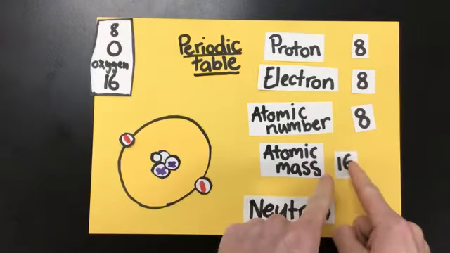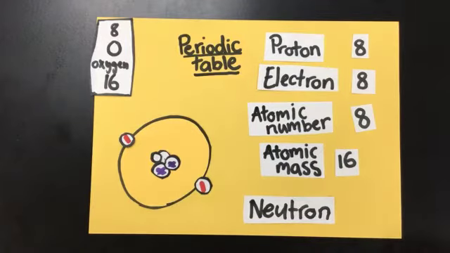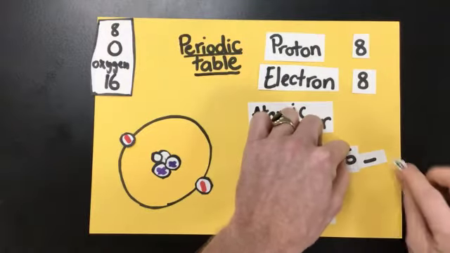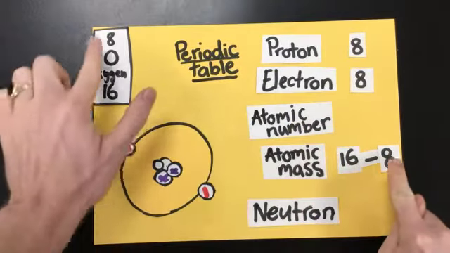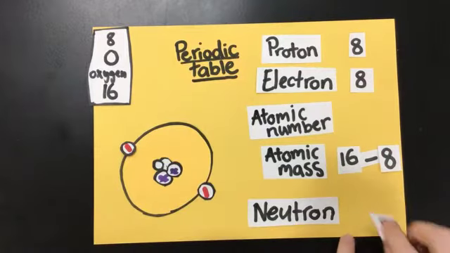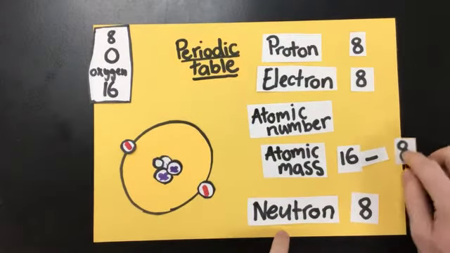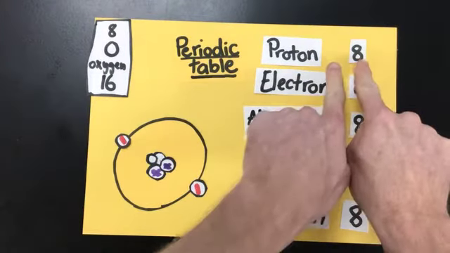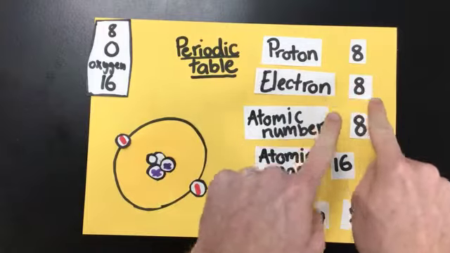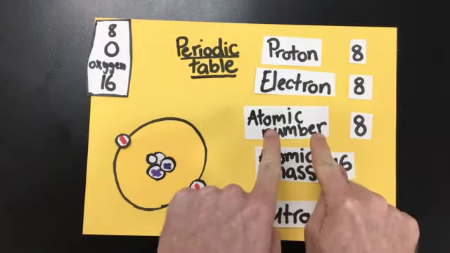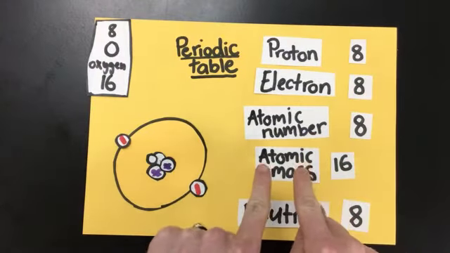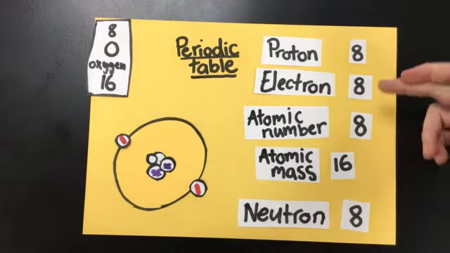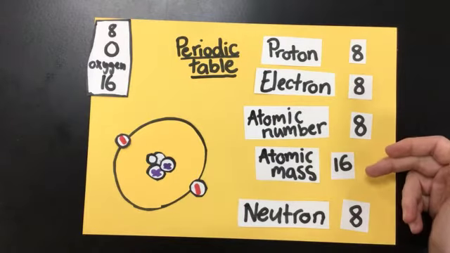So I will take my 16, I will minus the players on the field, which is my atomic number, which leaves me with 8. So in the case of my oxygen atom, we'll have 8 protons, 8 electrons, 8 is its atomic number, 16 is its atomic mass, and it will have 8 neutrons. 8, 8, 8, 8, and 16.